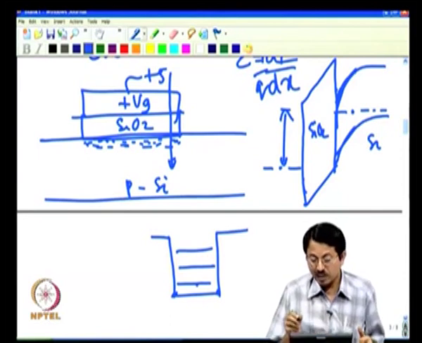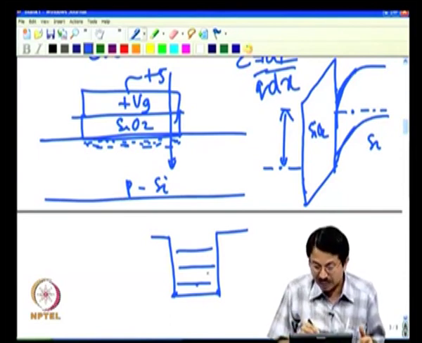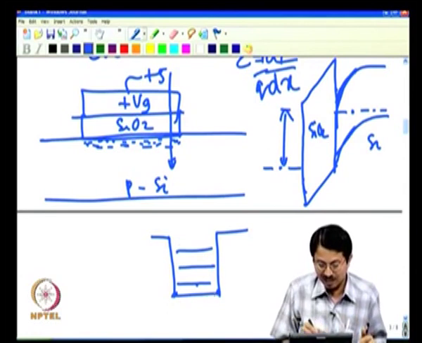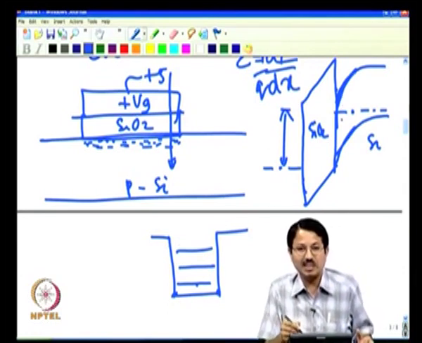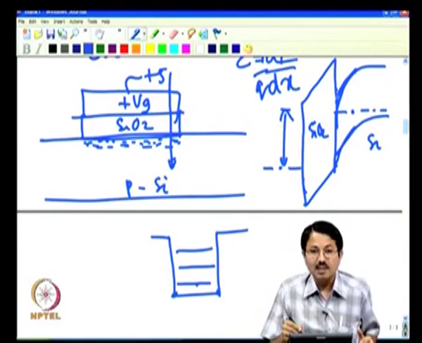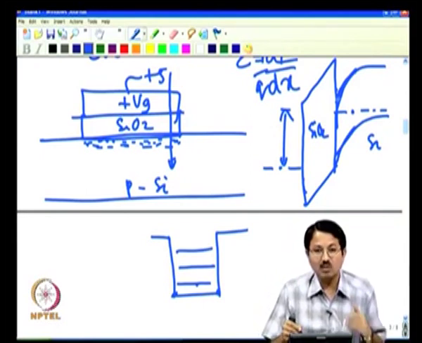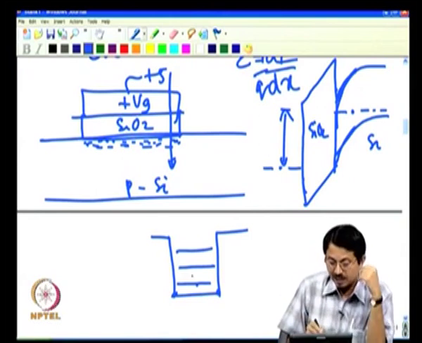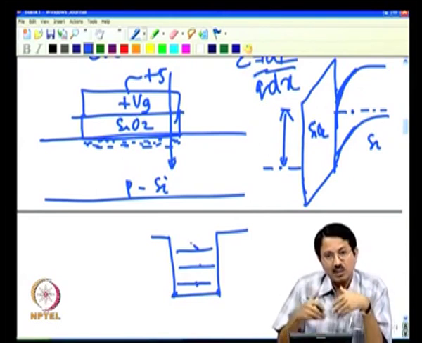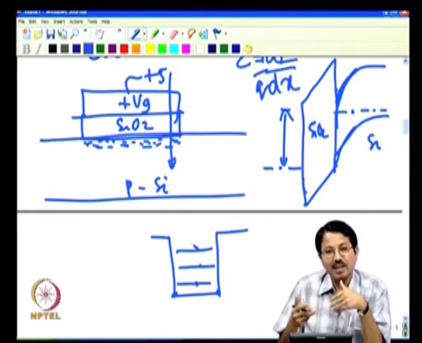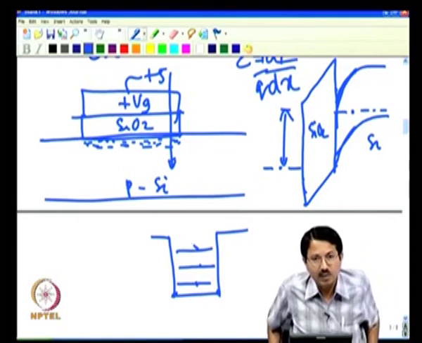In other words, what happens here, this is almost like this, not quite, it is not like a rectangular potential well, but nonetheless it looks like a potential well, and hence the energies of the electrons will be quantized, and what it means is that the number of states available goes down, and hence the number of carriers will also go down, right.